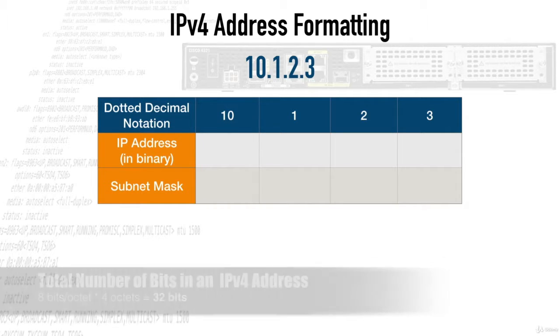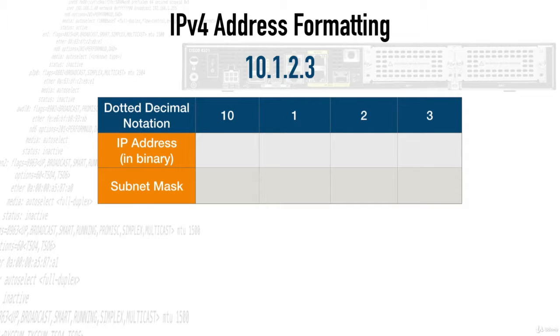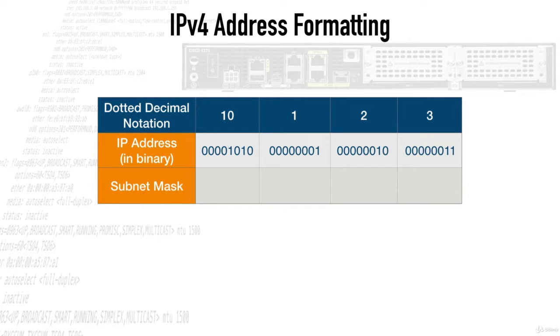And it's often beneficial, and we'll do that a lot in this course, to write an IP address in binary. And that's what we're going to do here. We're going to take each of those individual octets and individually represent them as binary numbers. Now, if you already know how to do decimal to binary conversion, if you already knew that a 10 in decimal was 00001010 in binary, awesome, you've got a head start.